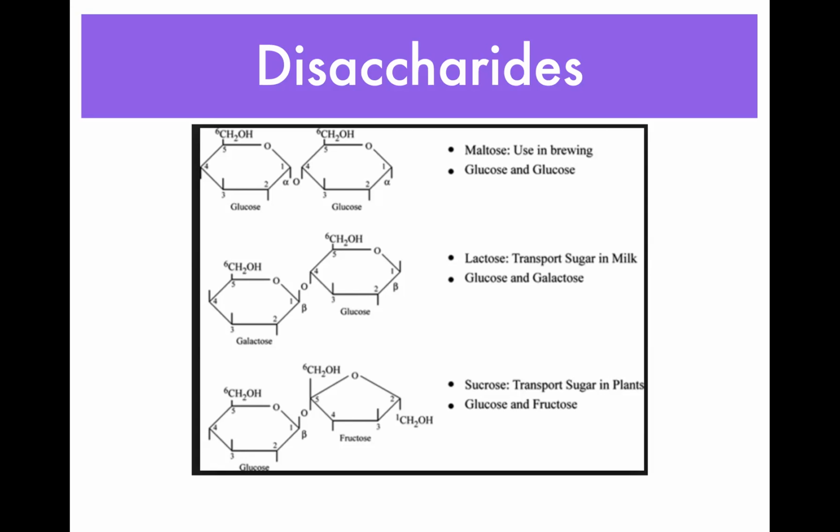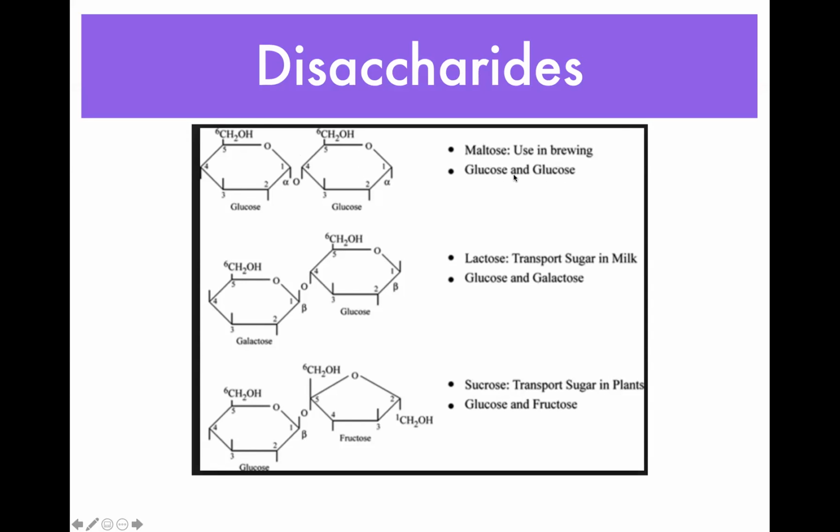These disaccharides are formed by joining together two monosaccharides. Maltose, lactose, sucrose. These are all examples of disaccharides. I'm not necessarily going to require you to remember the structure of these disaccharides, but I would like you to know the monomeric subunits. Maltose is made from 2 glucose units.